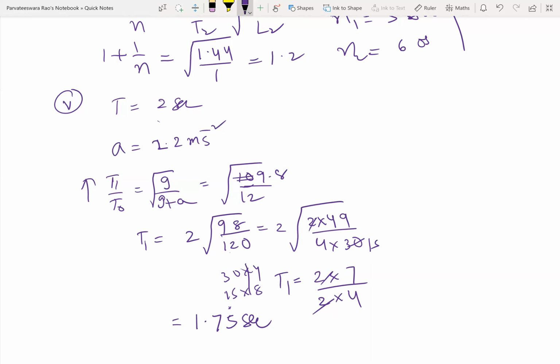When the lift is descending, then T2 by T naught is root of G by G minus A, root of 9.8 by 7.6.